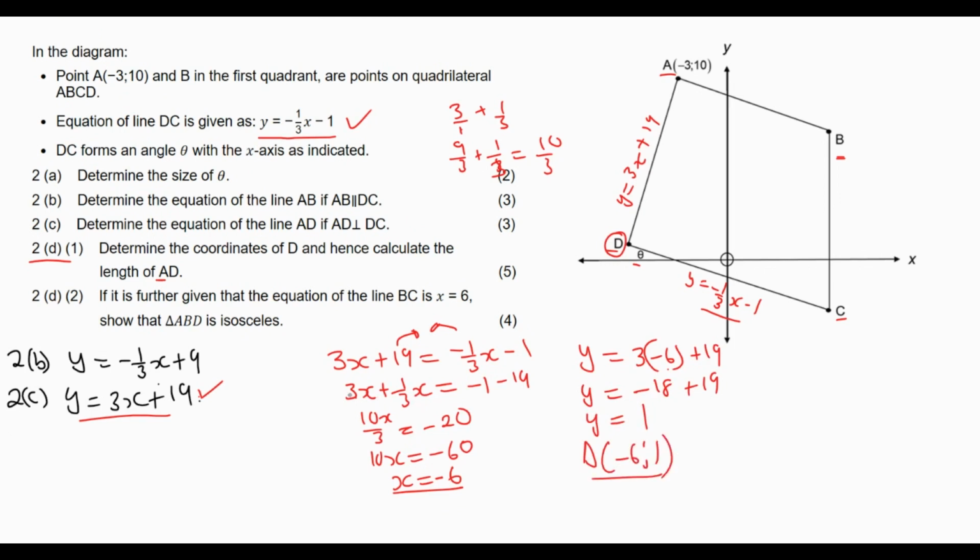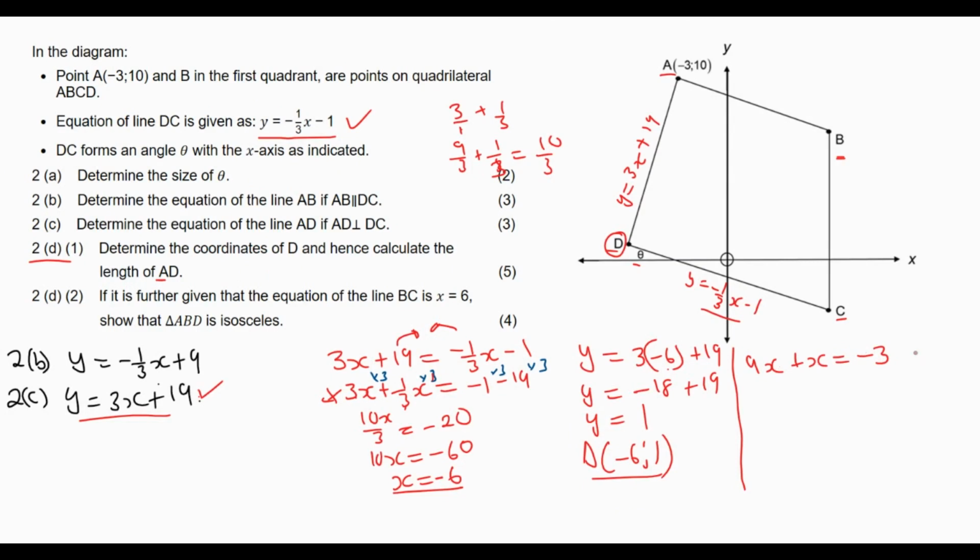Right, what we could have done here, we could have multiplied everything by 3. Let me just show you. Multiply everything by 3. So 3x times 3 is 9x, then plus 1/3 times 3 leaves just x here, then is equal to -3.